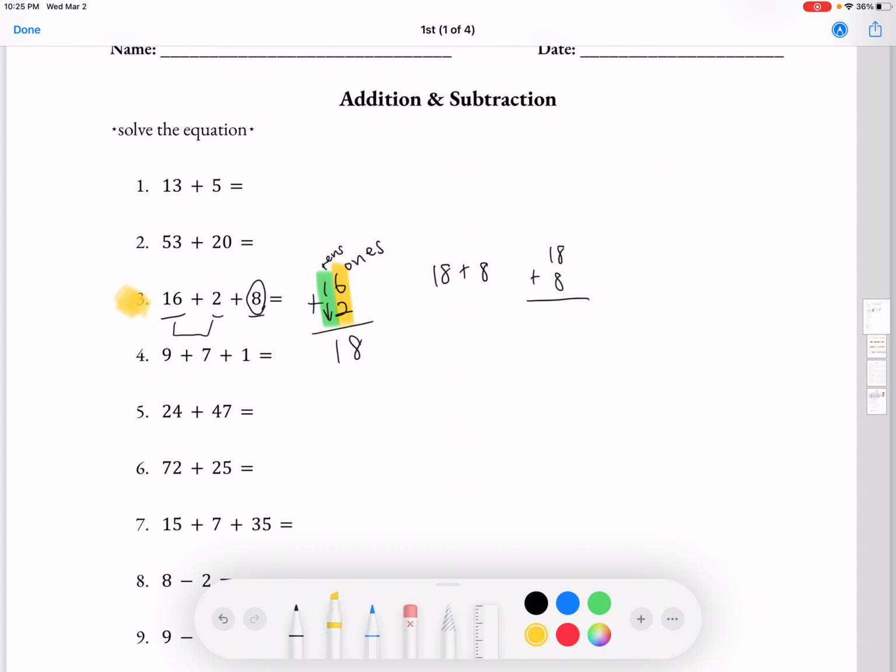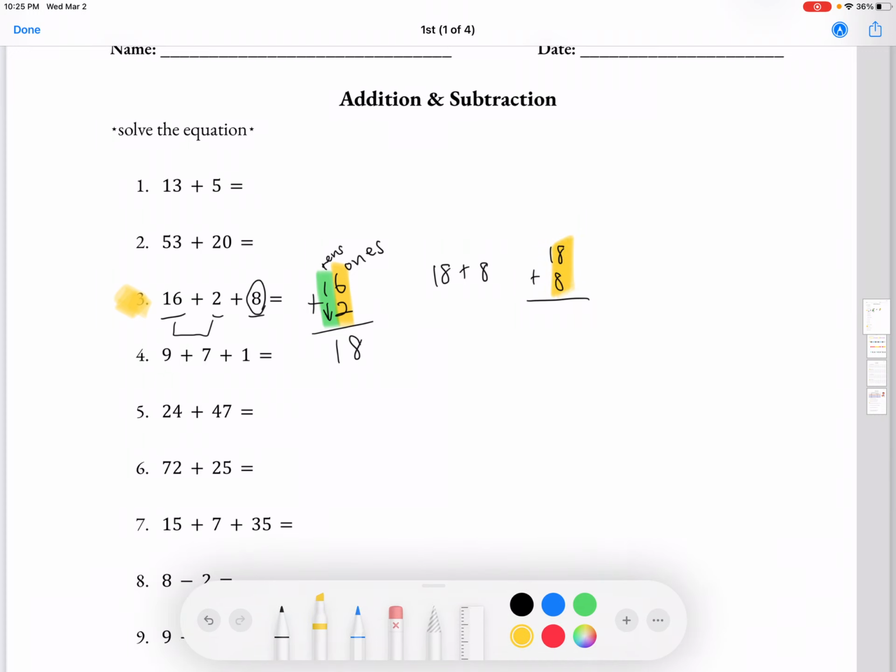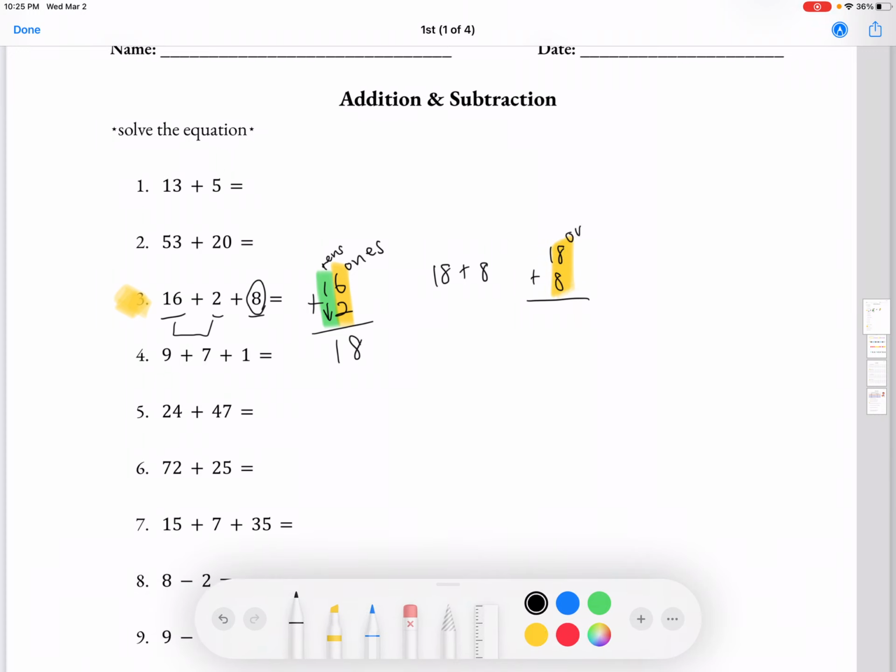And 18 plus 8 is equal to, we're going to do the ones place first. Ones place, and then 8 plus 8 plus 1 is 2, 3, 4, 5, 6, 7, 8, 13, 14, 15, 16.